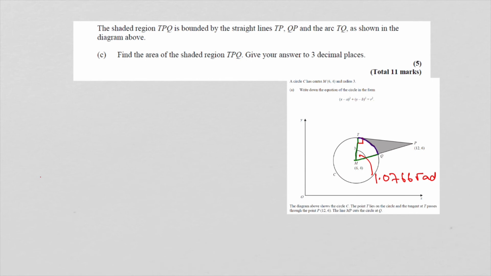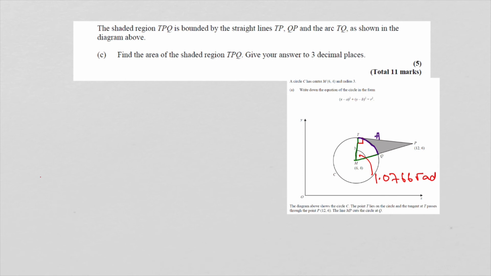So to find the area of the shaded region, it will be the area of the triangle minus the area of the sector. Now, how do you find the area of a triangle? Area of the triangle is half base times height. Now, we know the base is 3, and the height, I'll call that h, TP. We can find that using sine.